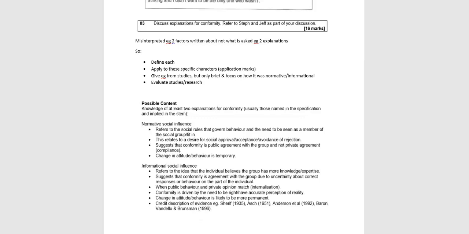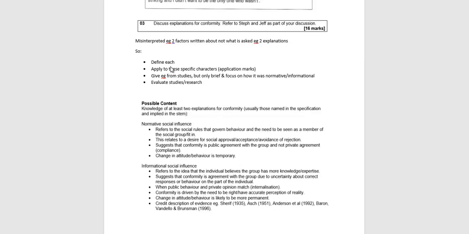So informational social influence, the other explanation is this is where you believe the group has more expertise, and therefore you have public and private agreement with the group, and it is the need to be right. Okay, so you think they are correct, you want to be correct, so you go along with them. We know that that will end up with internalization. We know that's much more long-lived, it's a longer term thing, and so on and so forth.